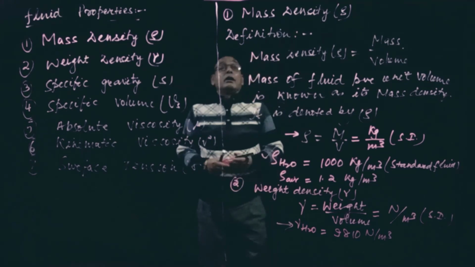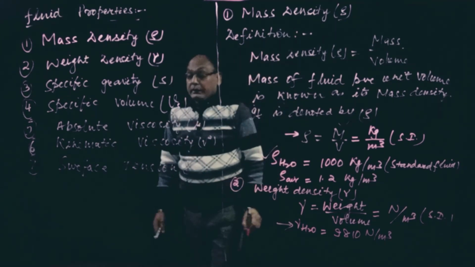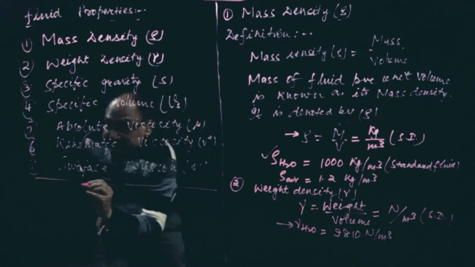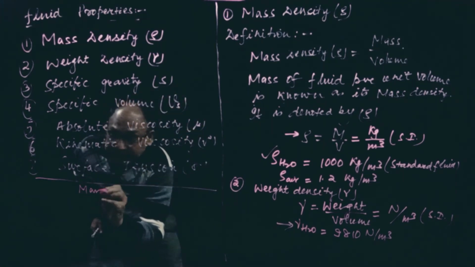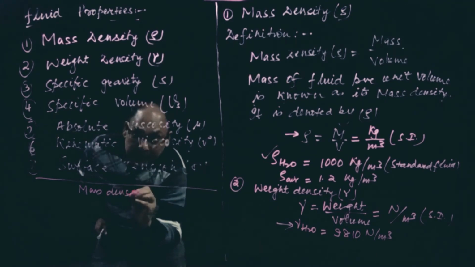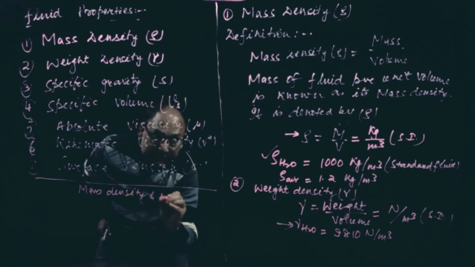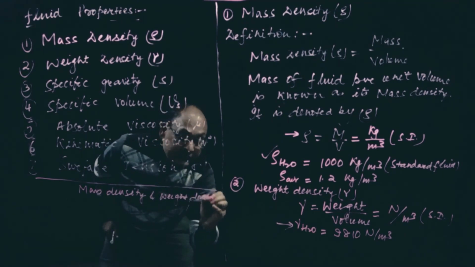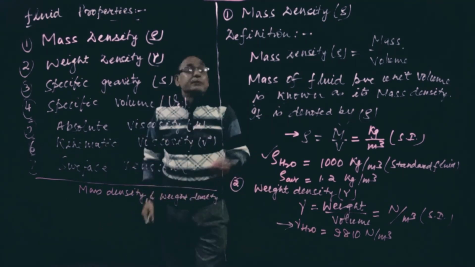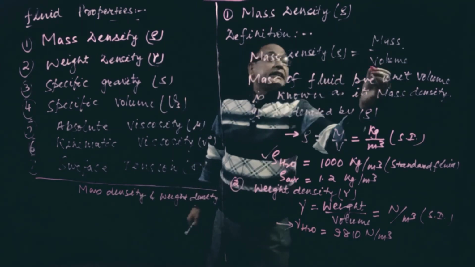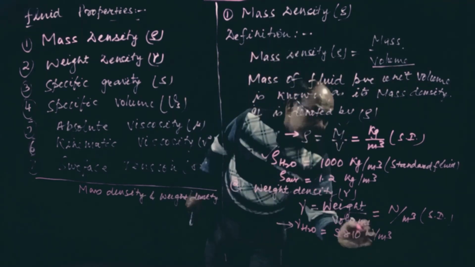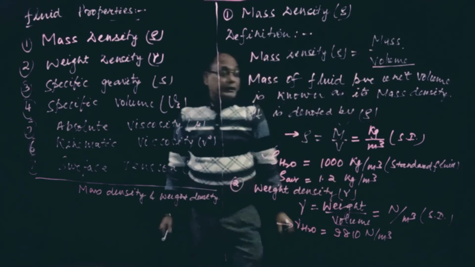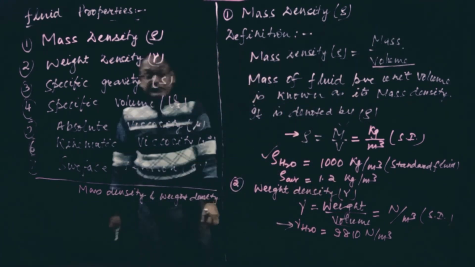Now one important relation: what is the relation between mass density and weight density? See, both are density per unit volume. It is mass per unit volume here, and weight per unit volume there. So there is a relation between them.